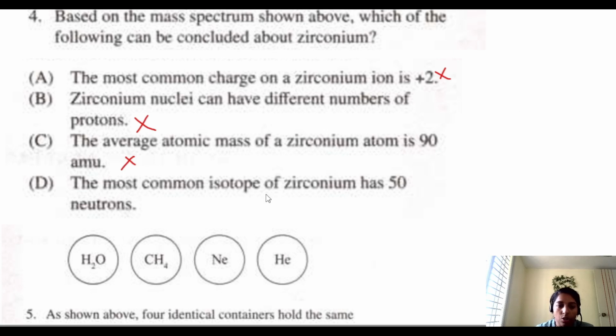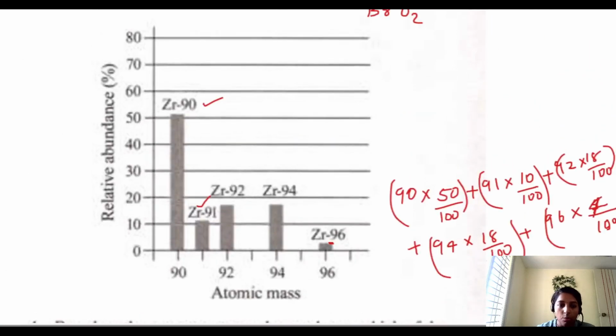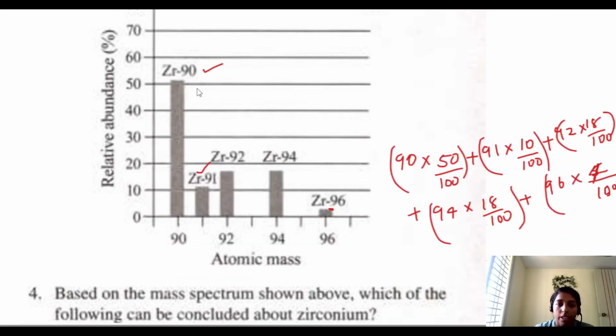Okay, the most common isotope of zirconium has 50 neutrons. So see, which is the most common isotope? The one with the highest height, which is 50 percent. That has mass 90. What is this 90? It is the mass number. What is meant by mass number?